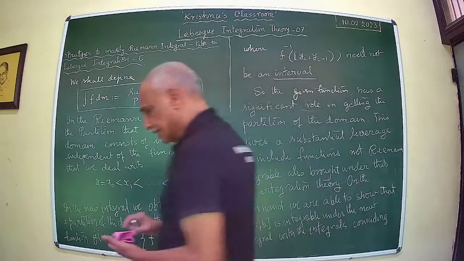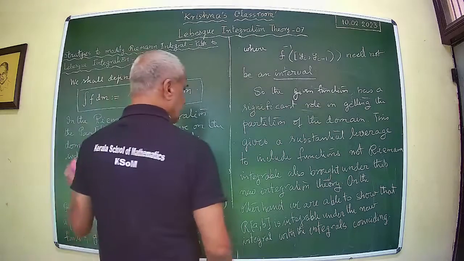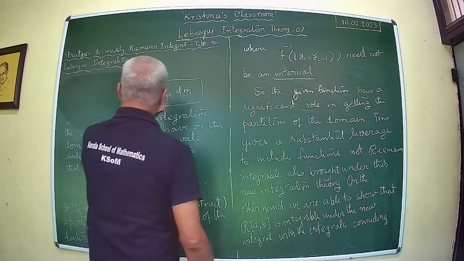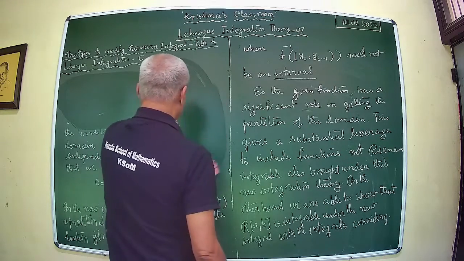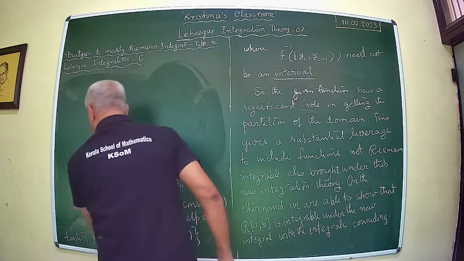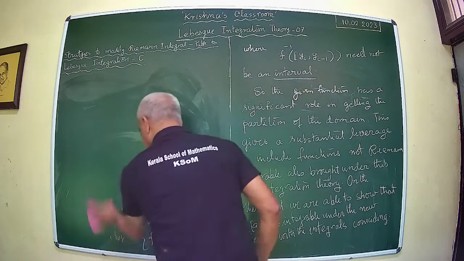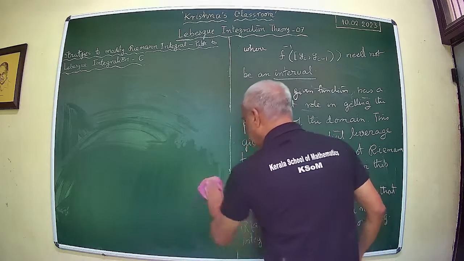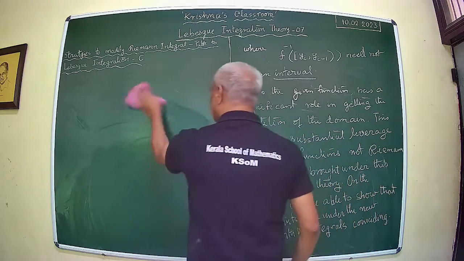I just give an example. I conclude with an example that we have considered. We know that the Dirichlet function is not Riemann integrable, but we show that this can be brought under the new regime.